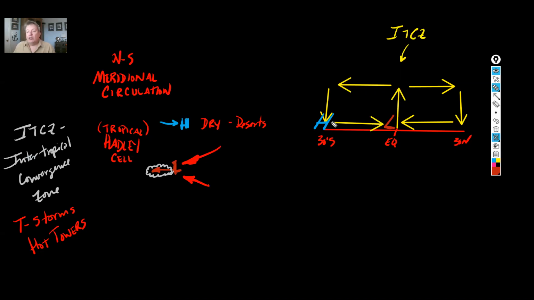But again, the reason for this Hadley cell is that it is a difference in the pressure. Well, what do we say? That's the primary reason, or actually the one that we said is first. The second one is a result of a temperature difference. So we're talking about the temperature difference, especially in the water temperatures, from higher latitudes to the equator.